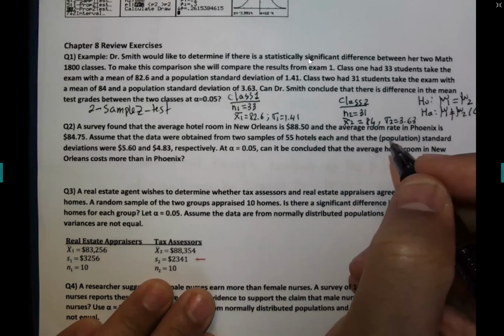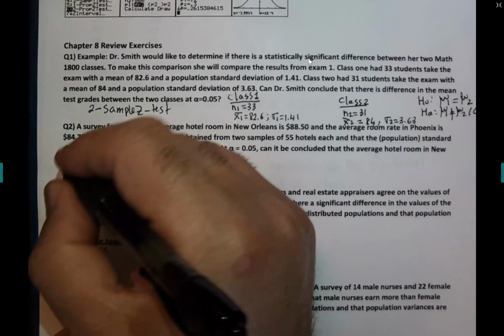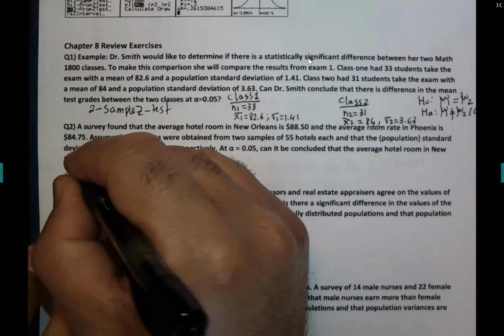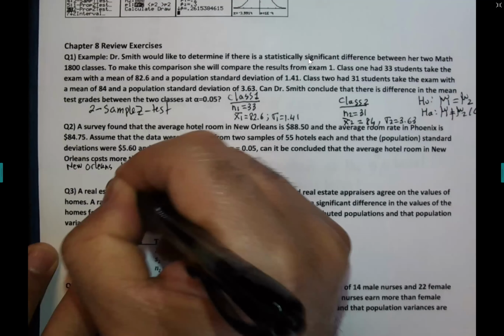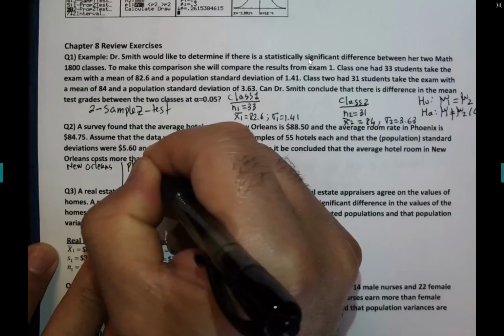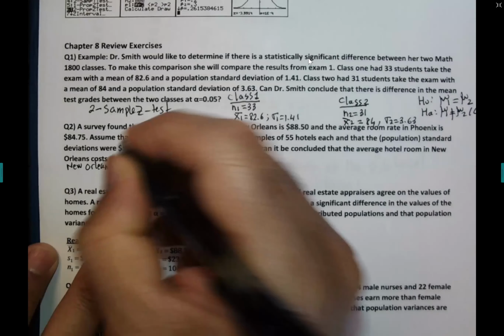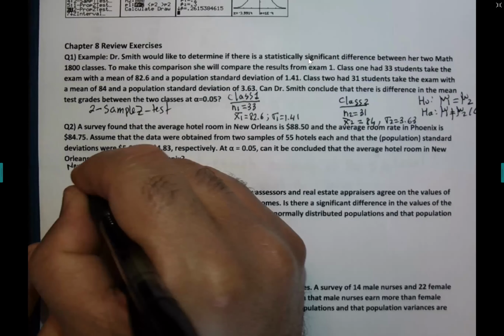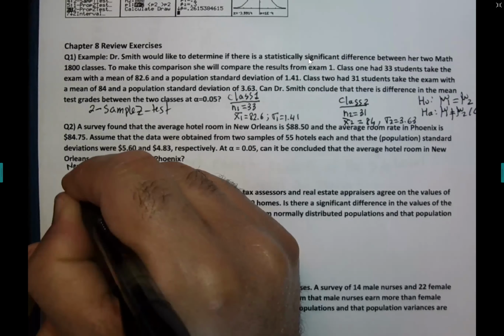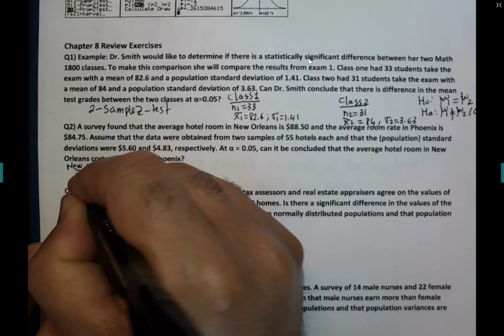So let's just do that here. Okay, so what do we have? X1 bar, 88.5. And he gives you sigma 1, guys. He says population standard deviation, $5.60.